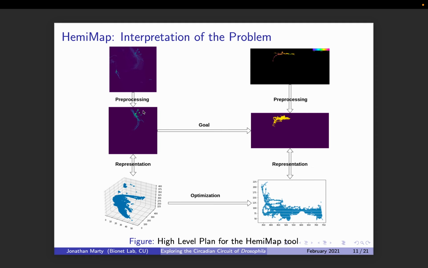What we're going to do is pre-process both the microscopy data and the PackBits data. This is representative of a 3D image where a 0 means there's no DN1P neurons there, and a 1 means there's a DN1P neuron there.